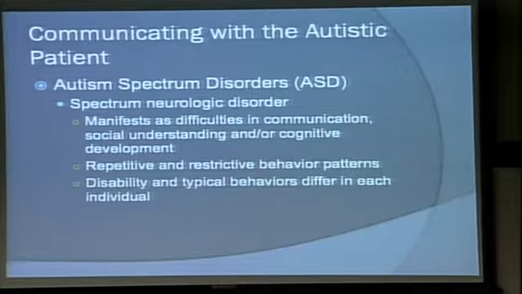It ranges all the way from kids who you have to put protective helmets on because they bang their heads on the crib all the time, or rock back and forth, to extremely intelligent people who are described as the little professor. They have little or no social interaction that the rest of us have. Disabilities and behavior vary across a huge spectrum.